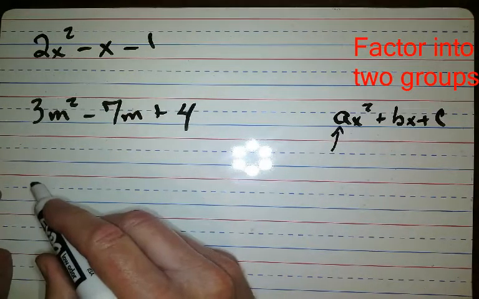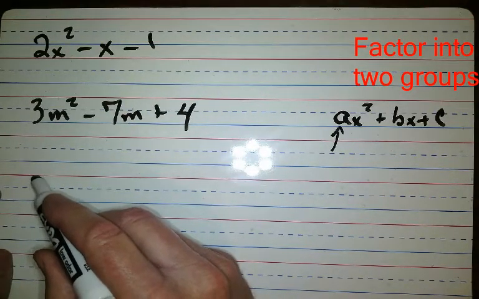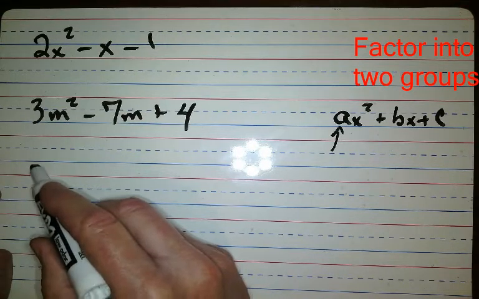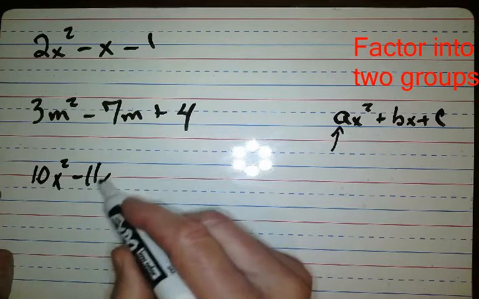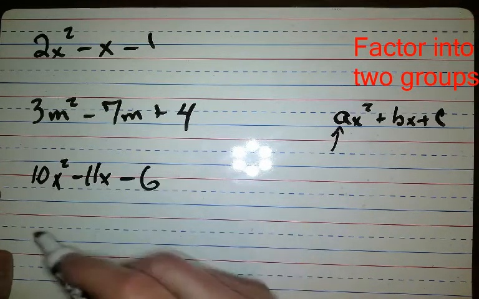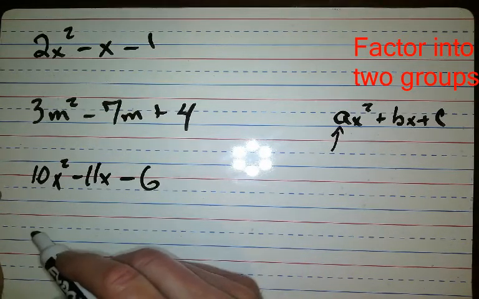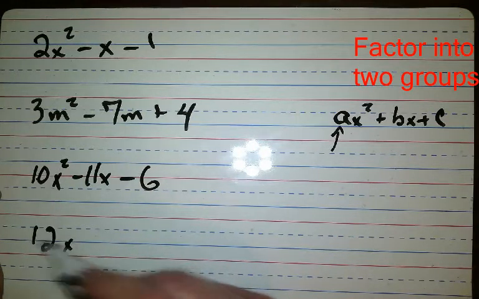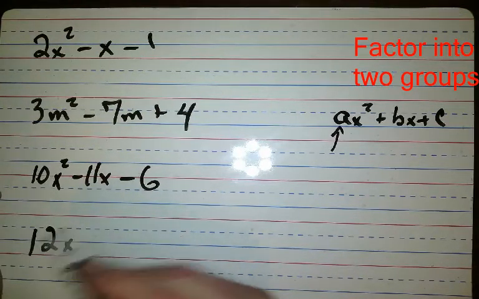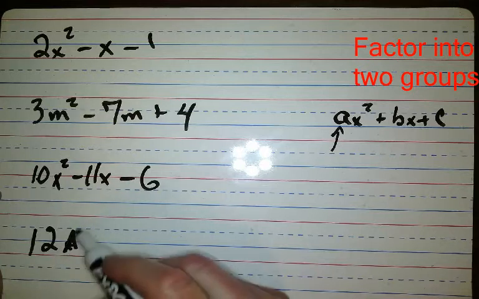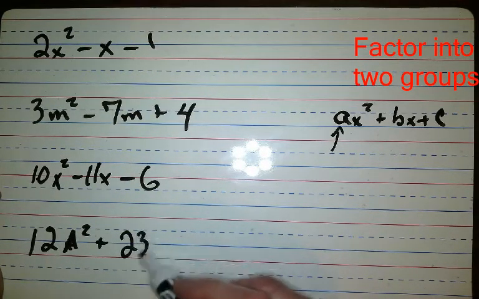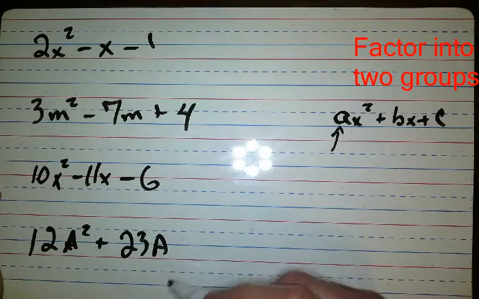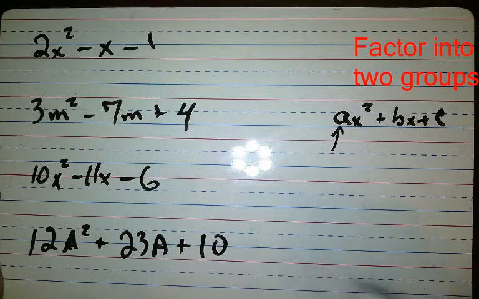How about 10x² minus 11x minus 6. And then last but not least, 12a² plus 23a plus 10.